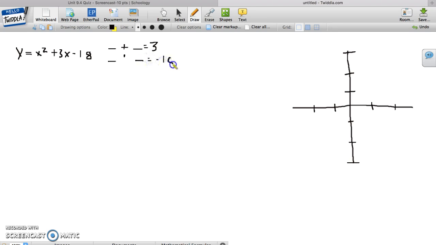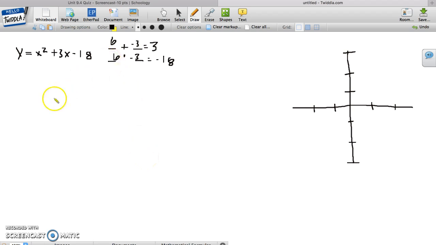And we can only do it this way because there's nothing in front of that x squared. So what I got for these was 6 and negative 3. And you can see that that works out because 6 minus 3 is definitely 3, and 6 times negative 3, excuse me, is negative 18.